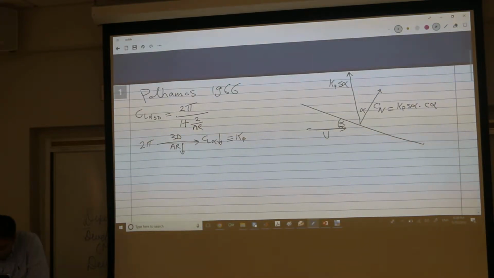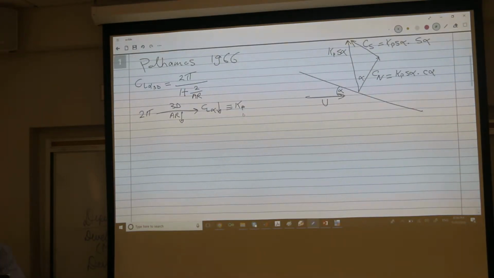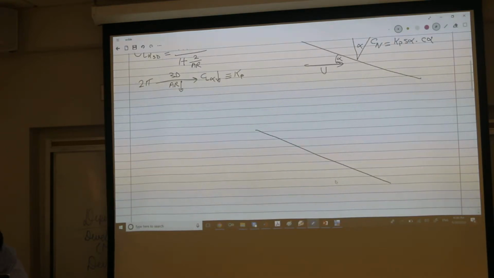And the suction force is the other component. So C suction is Kp sine alpha times another sine alpha, right? Actually, I should have drawn it down anyway, so I will do it again. So I have this guy vertical.